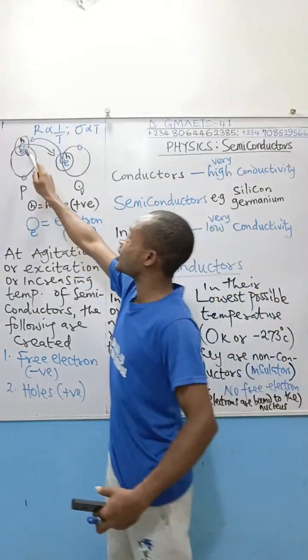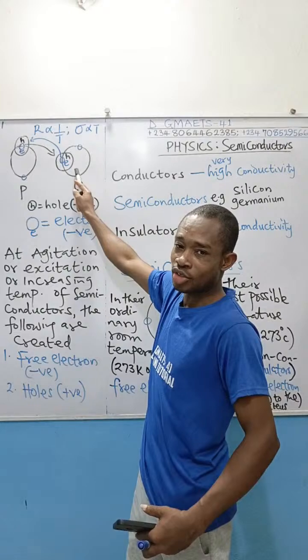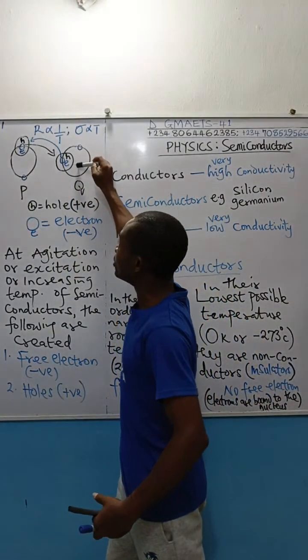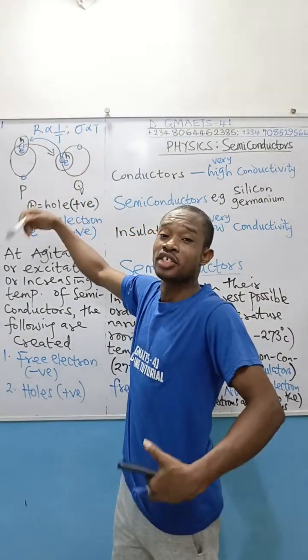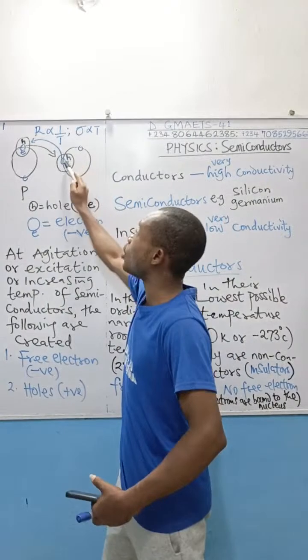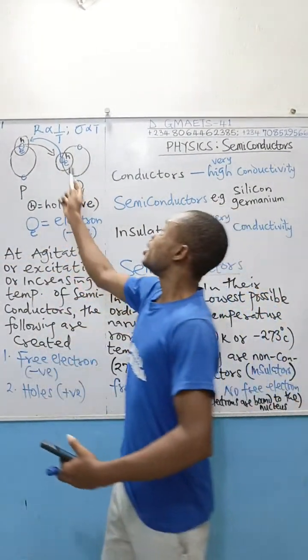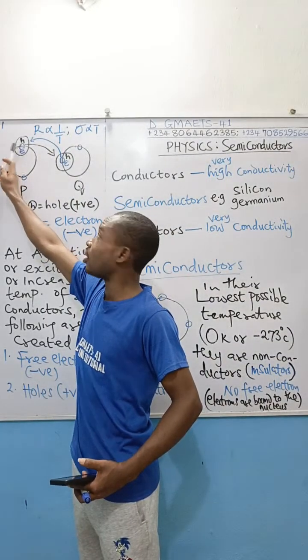So when the hole is created there because of this electron jumping to the neighboring atom, the electron in atom Q, in this semiconductor Q, because Q is also excited, also agitated, will jump also because it's also free to move. It will be attracted to the hole created at this point.